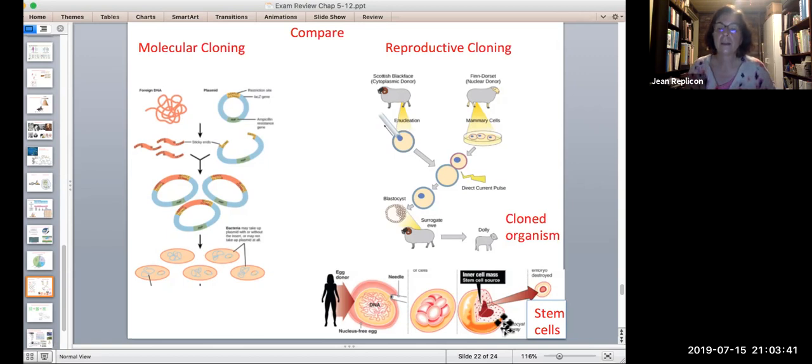It's possible that you could have your stem cells, because if the source of the nucleus was you, you could have your stem cells produced, and then that could be used to make up any body cell.